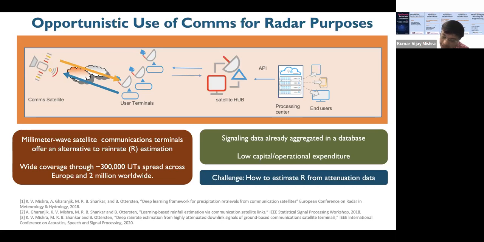So it is possible that those weather radars may not be available everywhere, especially in the developing part of the world. For example, even in India, we do not have more than just 10 radars, I think, to cover the whole country, which does not give a very satisfactory coverage.